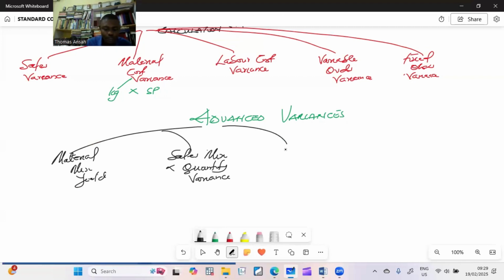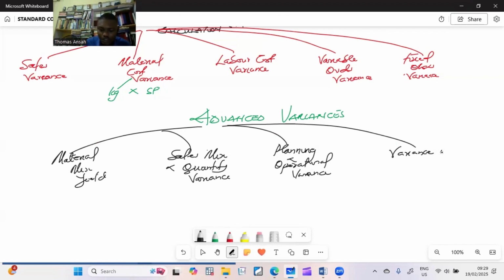We will look at planning and operational variances. And lastly, which is usually not part of the whole thing but we still have to discuss it, we are going to look at variance analysis in the modern environment.